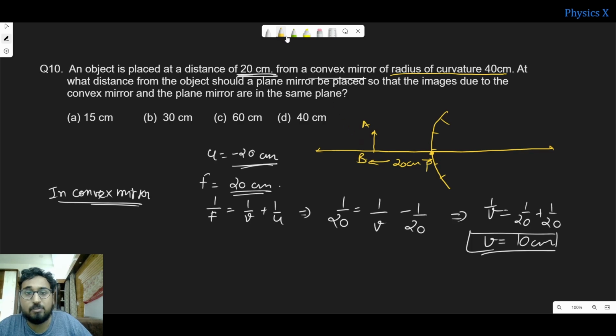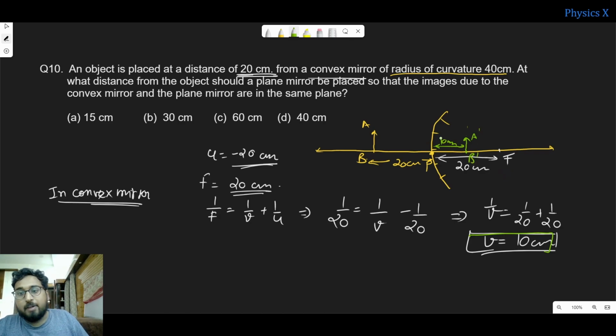And the focal length of this mirror is also 20 centimeter. This is f, 20 centimeter. And the image is forming at the point we have found, 10 centimeters somewhere here. Obviously it will be diminished, erect and virtual.